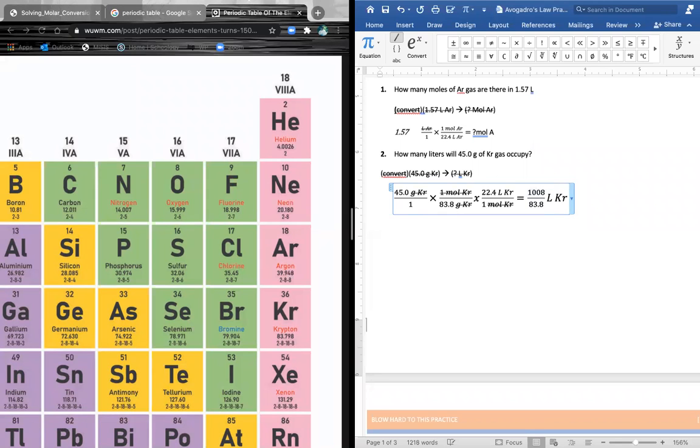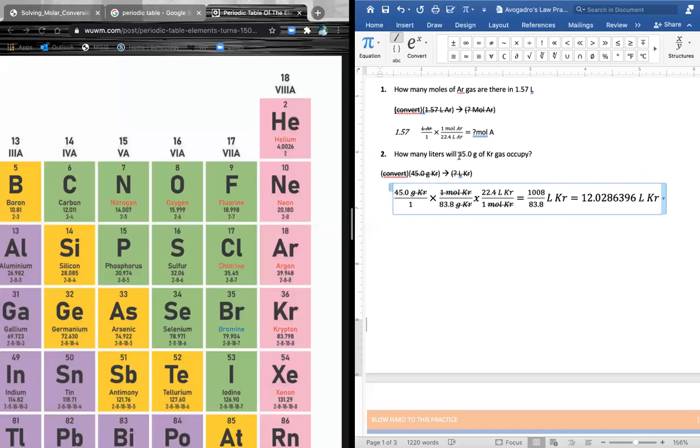And then we'll just punch that in. And we get 12.0286396 liters of krypton. Again, this is not the answer we're going to write down.